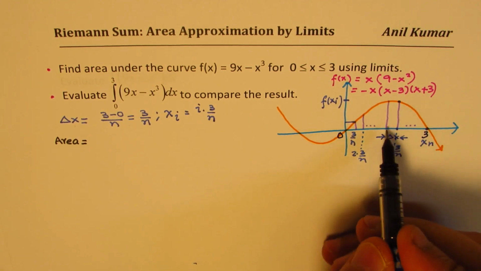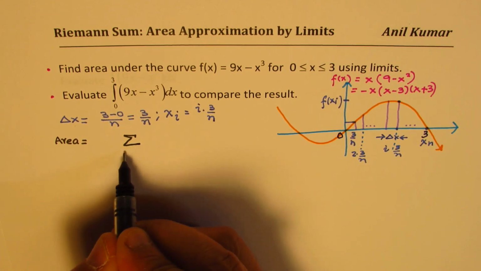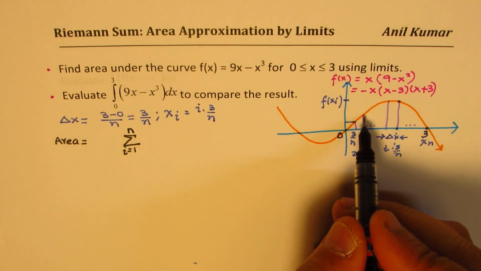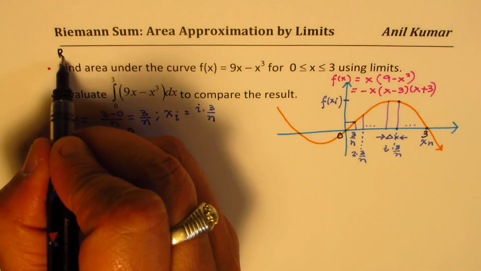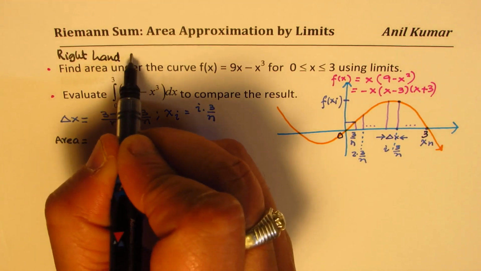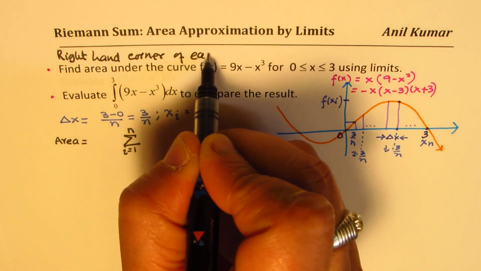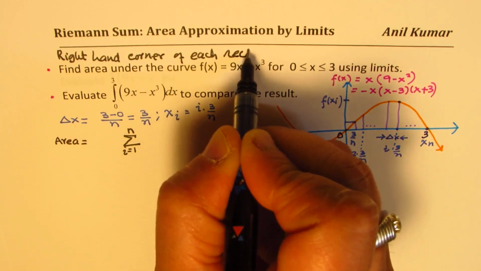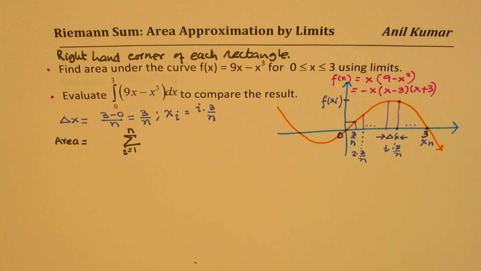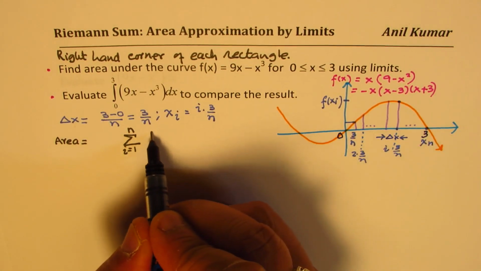Area will be the sum of these rectangles, where i goes from 1 to n. We are taking the right hand side, so we are using the right hand corner of each rectangle.